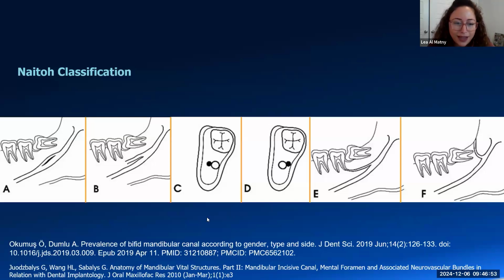But I wouldn't spend time on that classification, because at the end of the day, what matters is that if you see it, is it in relation to any of the teeth or edentulous sites that you're working with? We don't really need it more than that. And a lot of times, I'm glad this was here, you will see it in third molar sites, and you can see it looping around that third molar.